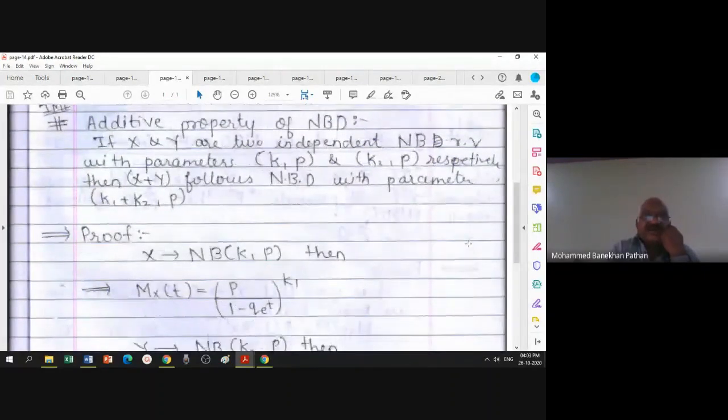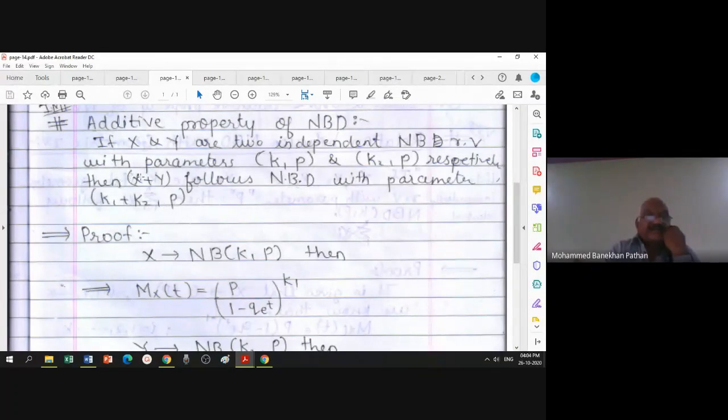What is the statement? If X and Y are two independent NBD random variables with parameters K1, P and K2, P respectively.